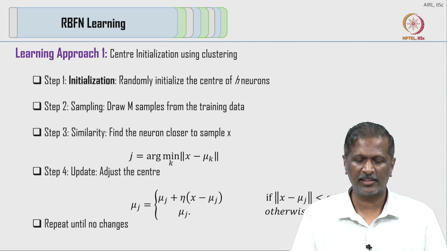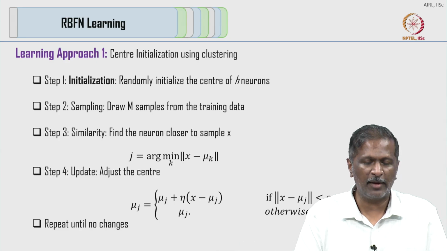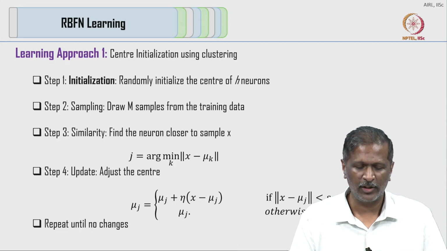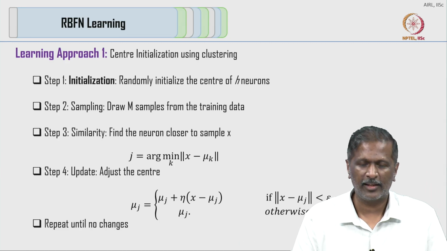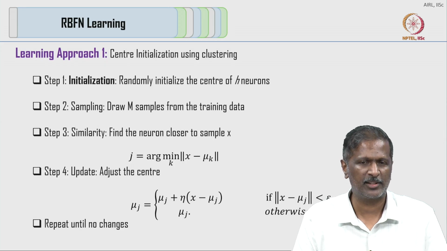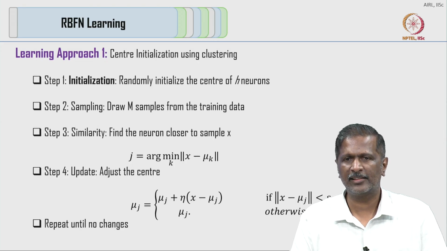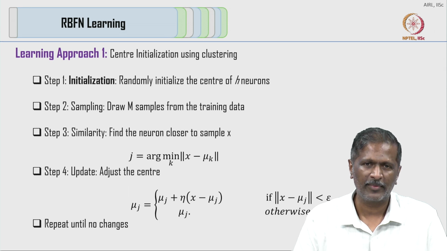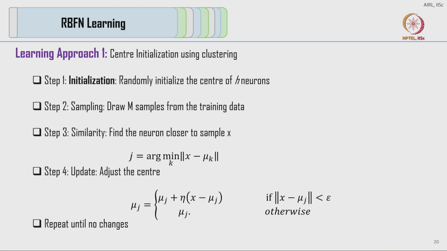If the samples are similar to the center, then I am going to adjust the center towards the sample: mu i is mu i plus eta times (x minus mu i), if the data is similar to that particular center. If the data is similar to some other center, that will get updated, otherwise it remains the same. I keep doing it on my observations till the centers converge. Then that is my center.